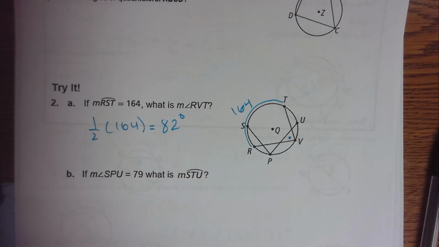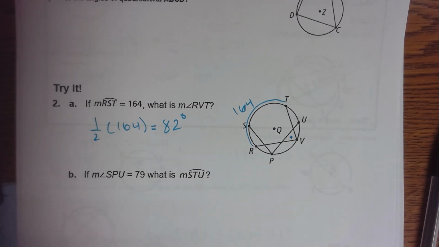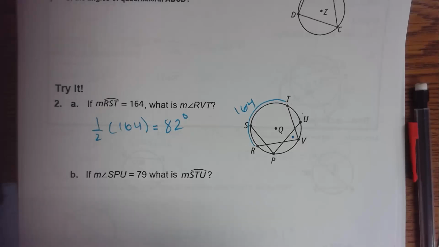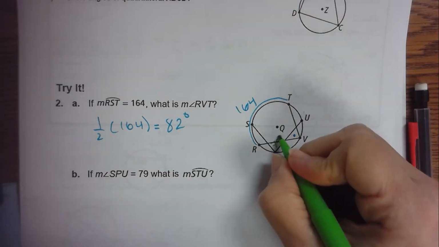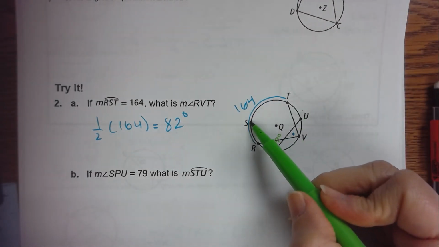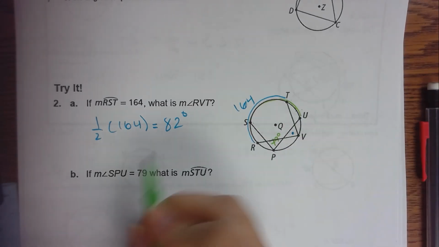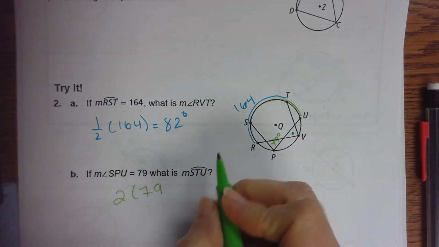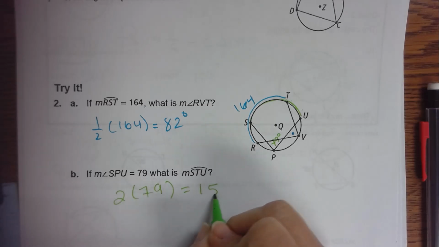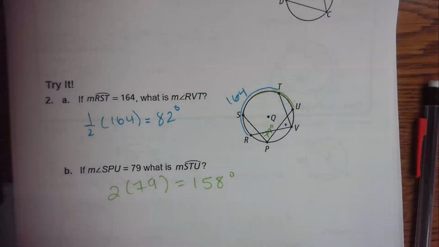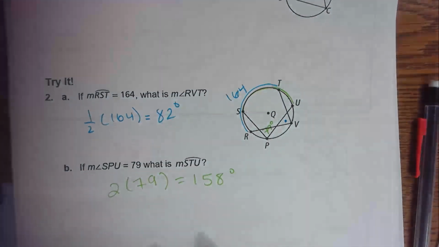And then if measurement of angle SPU is 79 degrees, that's the inscribed angle. What is measurement of arc STU? That's the intercepted arc, so that's going to be double the 79, which is 158 degrees.